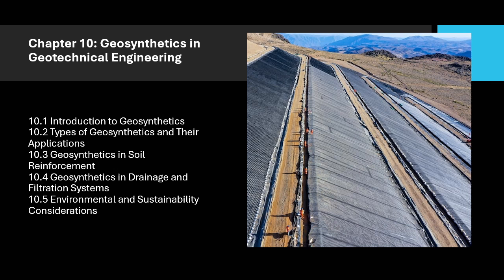10.3.3 Applications of geosynthetics in soil reinforcement. 1. Reinforced earth walls and slopes. Description: Reinforced earth walls are a common application of geosynthetics, where geogrids or geotextiles are used to stabilize the soil behind retaining walls and slopes.